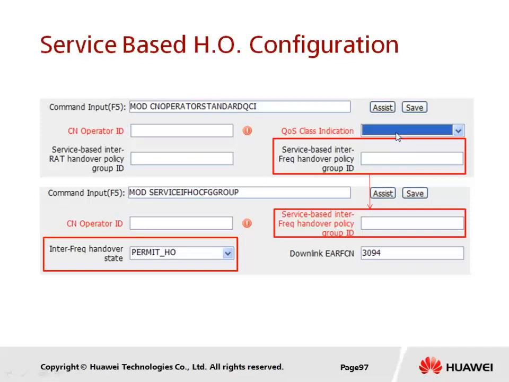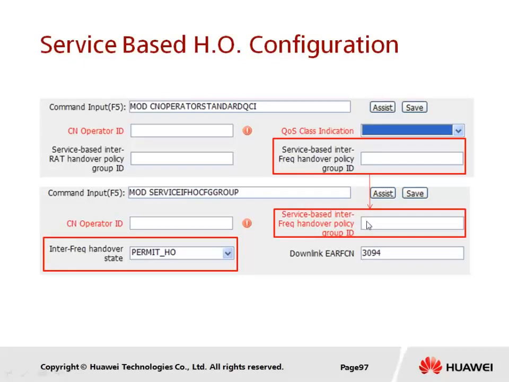We have to define the service-based handover according to QCI. QCI stands for QoS Class Identifier, and VoLTE is represented by QCI 1. So, for example, we can define QCI class 1 to a service-based interfrequency handover policy group 1.